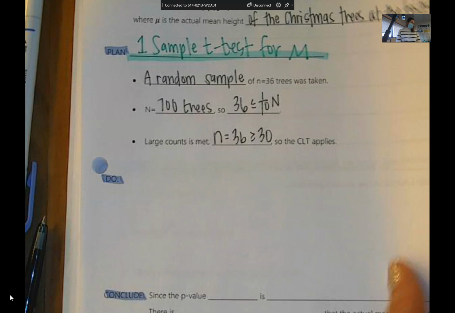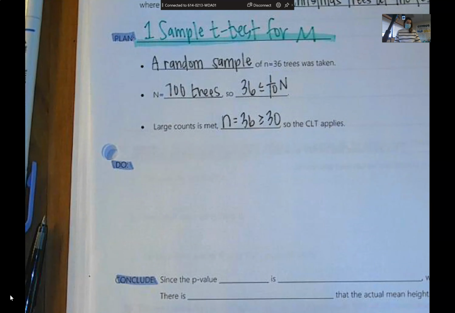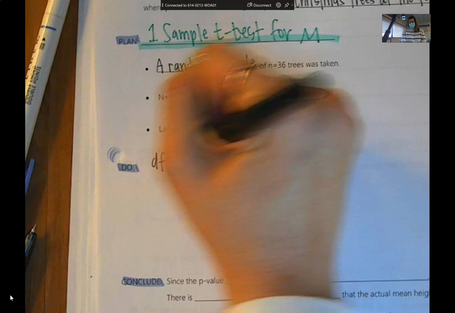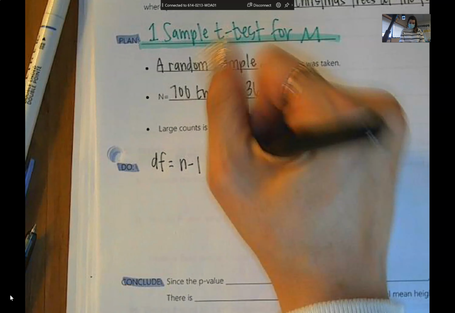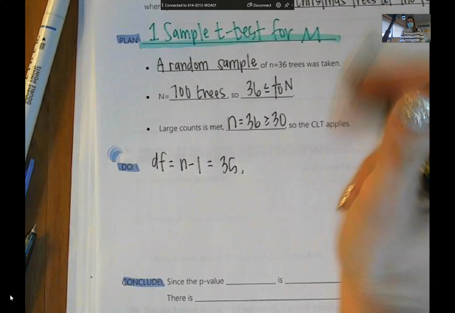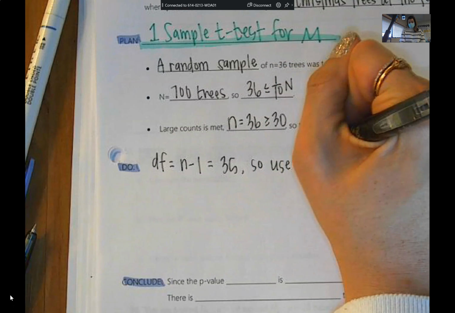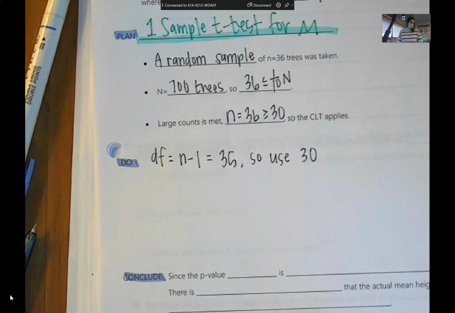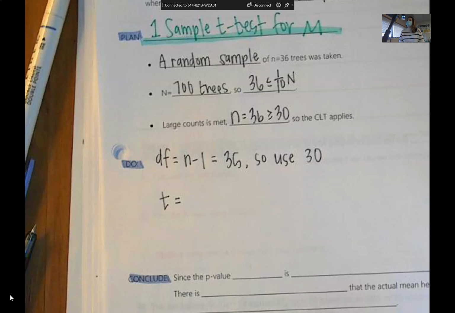So our do then is to calculate our test statistic and find our p-value. So our degrees of freedom is n minus 1, which is 35, but just like on the last one, we use 30. Then I calculate my t.